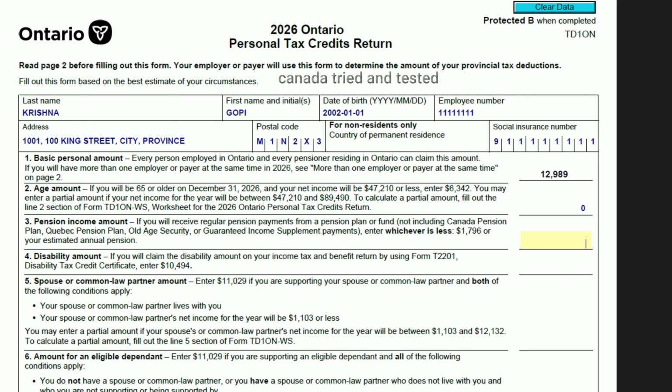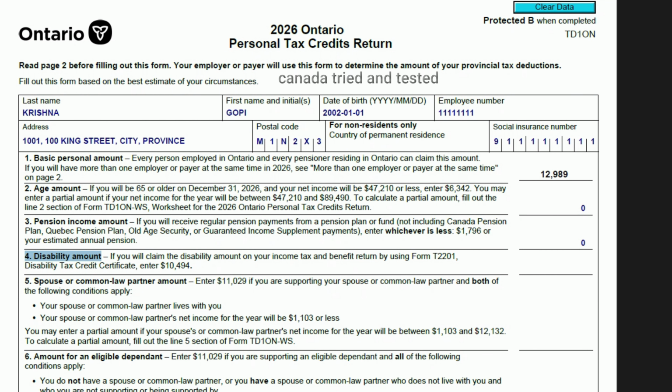Say you get $2,000 as a pension, you will enter 1,796 instead of 2,000. And in case you're getting a pension of say 1,300, you enter 1,300. So that's why whichever is less, 1,796 or your estimated annual pension. I am keeping the entry as 0.